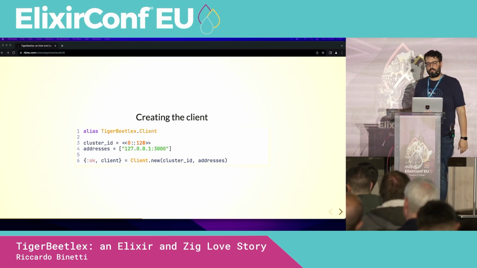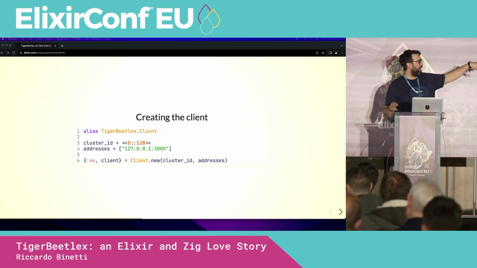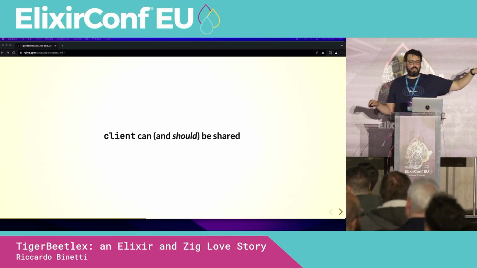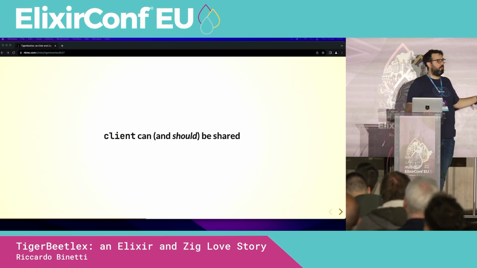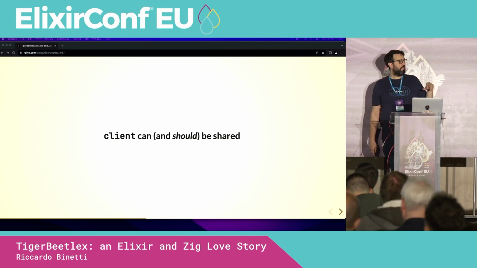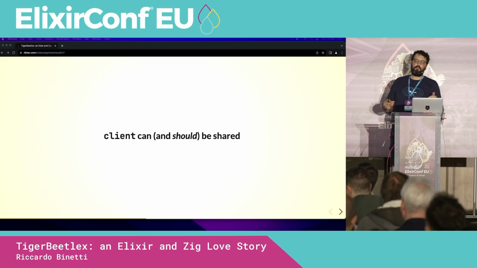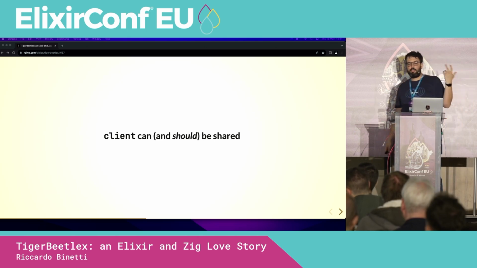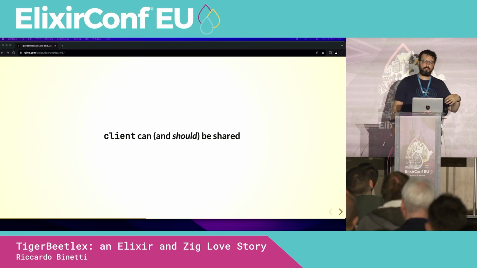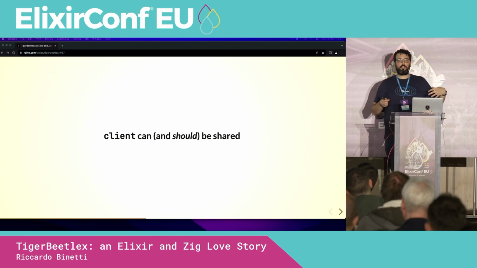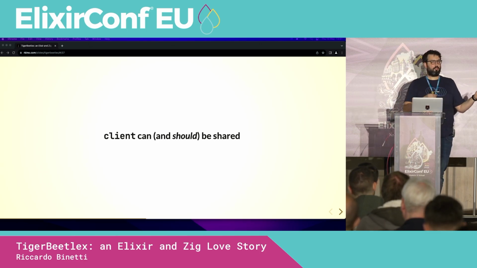And you create the client. Notice that here, the client variable can and should be shared with all the callers of the API, because on top of your manual batching on the application side, the underlying Zig client also does automatic batching while it's waiting to send out a request.